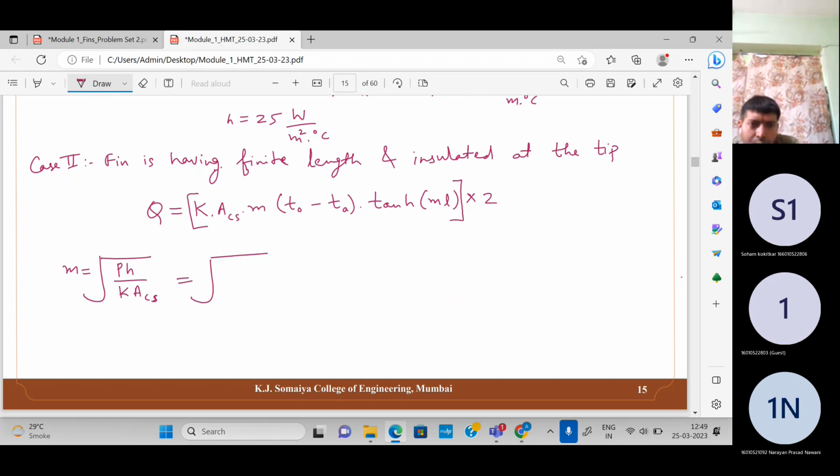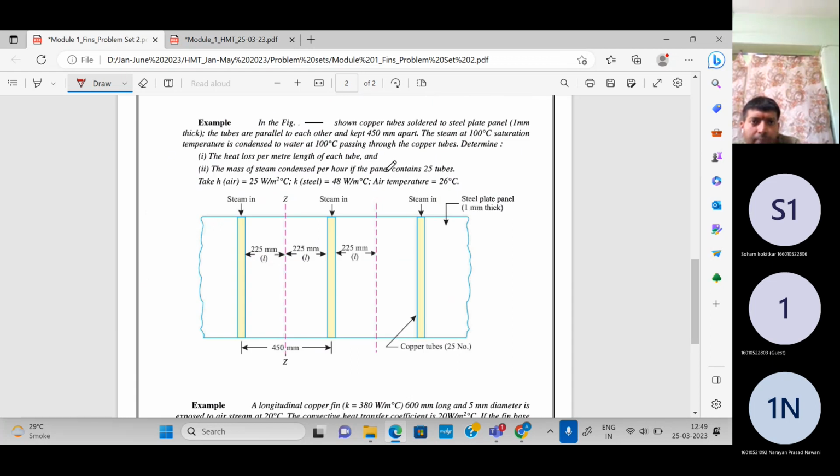Okay, so P क्या है? 2 times of (b plus y) into h divided by k into b into y. So put the values, put कीजिए. Steel plate 1 mm thick. Sir, 229.38 watt.